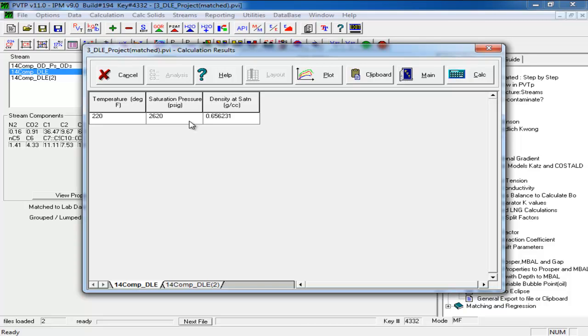We know that any liquid or fluids will behave like this, even if you increase the temperature, you will have the same shape here. We have seen that this part is gas and this part is oil.